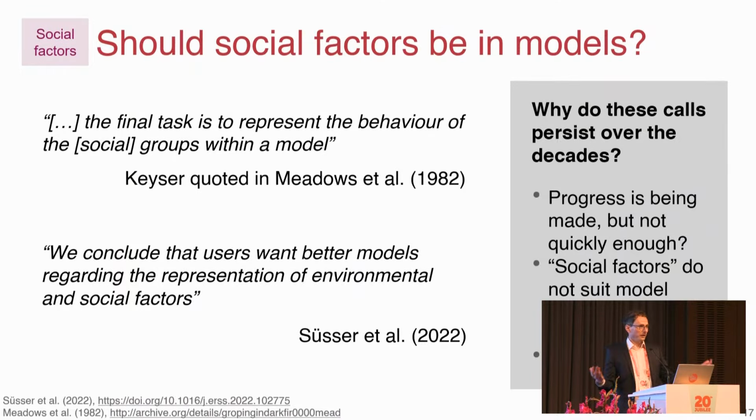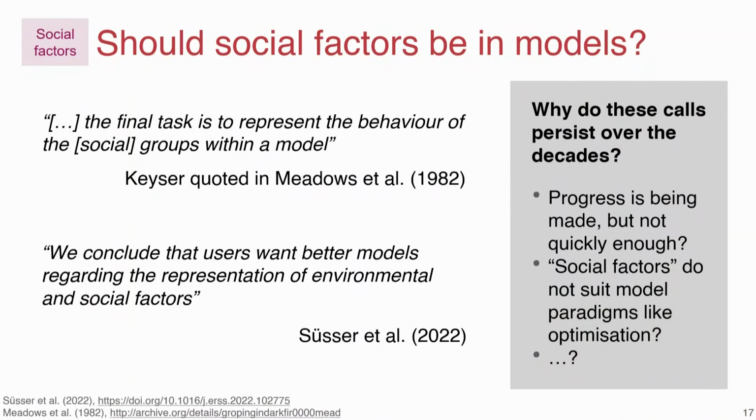There may be many other reasons as well, and I think this is also something where we could have a long discussion. So let's just park it and actually look again at an example of how we can integrate a social factor into an energy system model, into a mathematical optimization model.